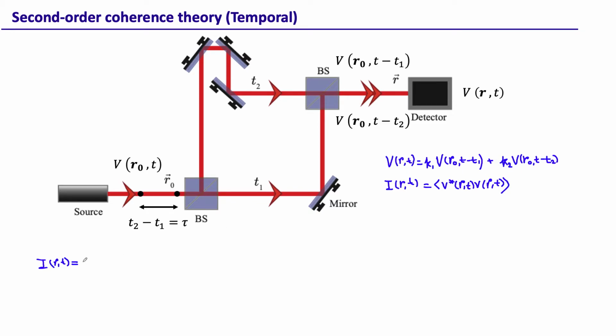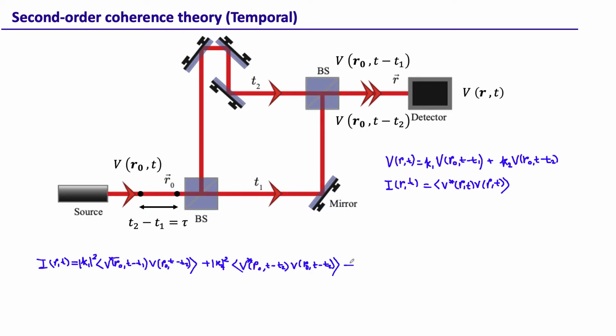The mod square of the first term gives me |k1|^2 times V star(R naught, t minus t1) V(R naught, t minus t1). Then from the second term we have |k2|^2 times V star(R naught, t minus t2) V(R naught, t minus t2), with ensemble average.